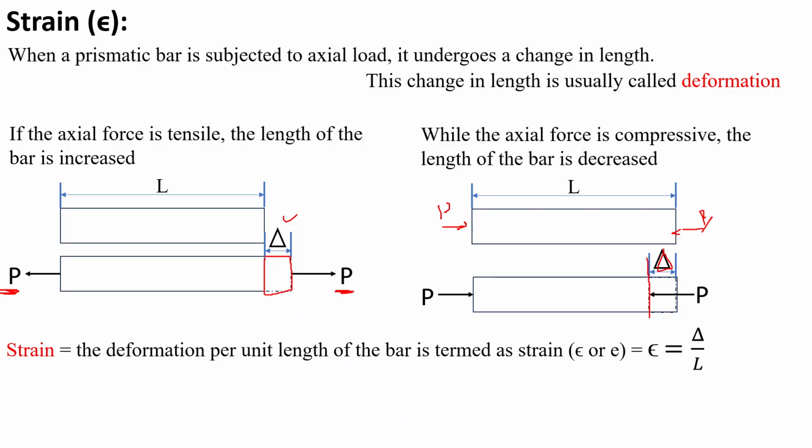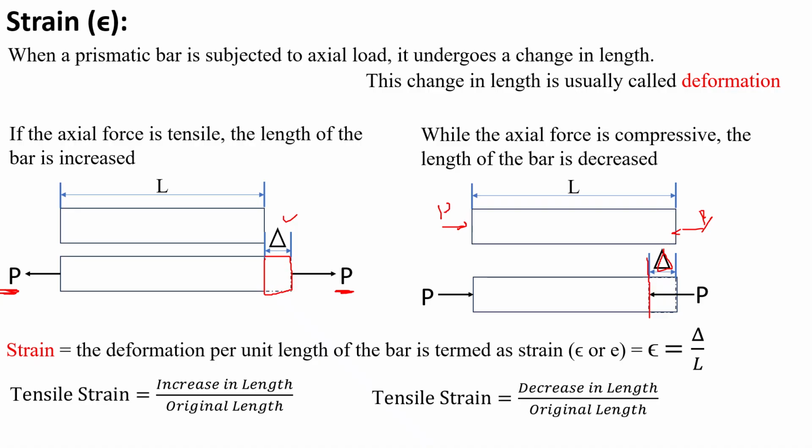Strain is the deformation per unit length of the bar. It is represented by epsilon or E. Epsilon equals the deformation delta divided by its original length, so strain epsilon equals delta by L. In tensile strain there is an increase in length, so the deformation delta equals the increase in length divided by the original length.